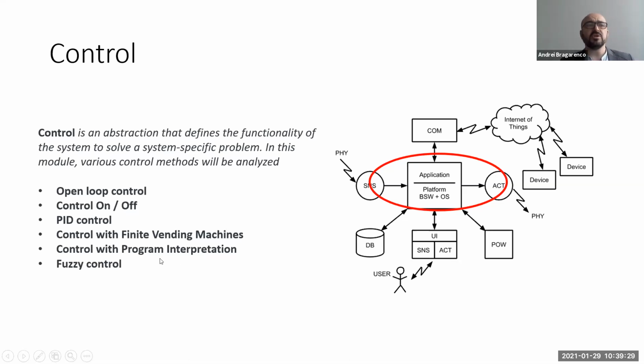Fuzzy control. Most probably you already heard about fuzzy control or washing machine, Bosch, or depends on what you have at home. Yeah, and it first tries, via a fuzzy means, okay, I'll not translate now.